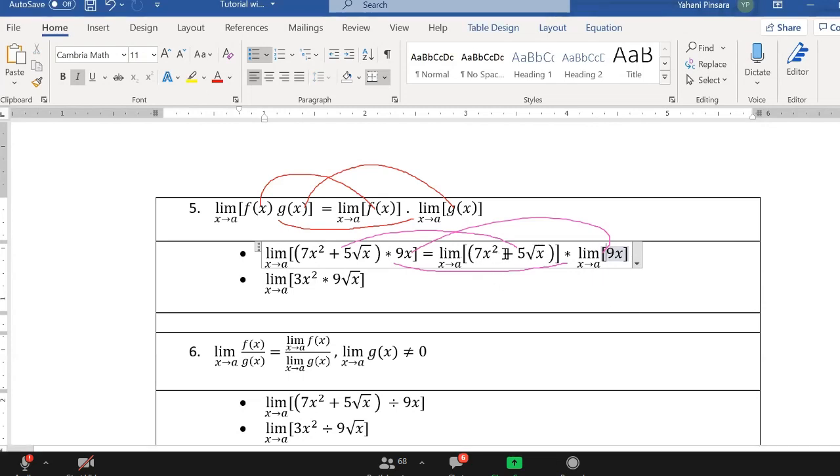Then by using the above law, you can separate these two things as well, right?